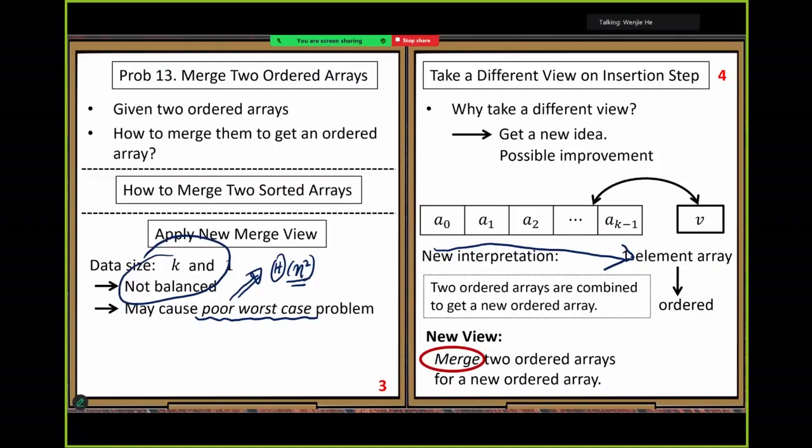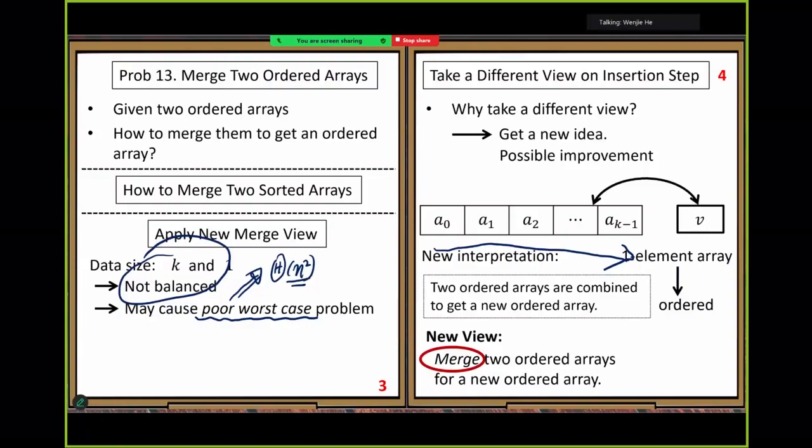When you do the even split, that's a balanced split. Based on our balancing principle, if we can avoid the extremely unbalanced data split, we can avoid a very poor worst case. That's our view.